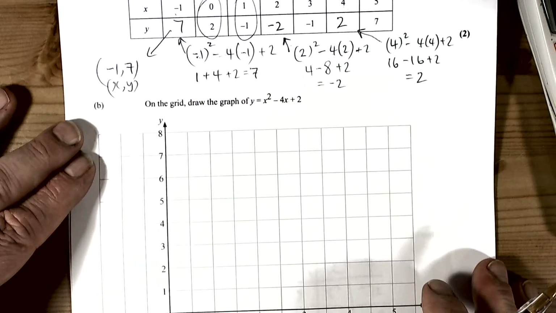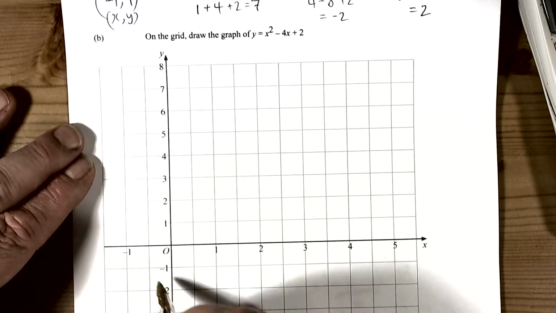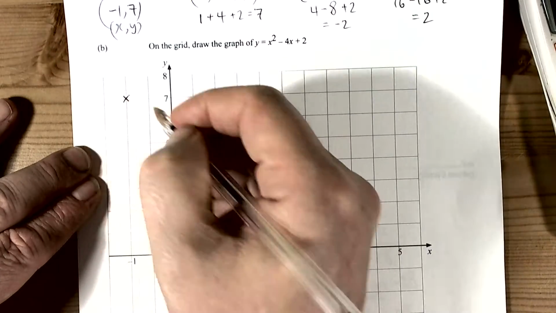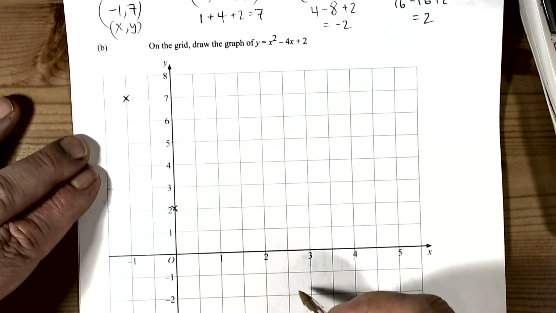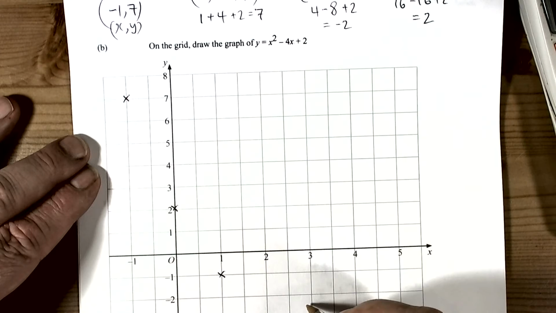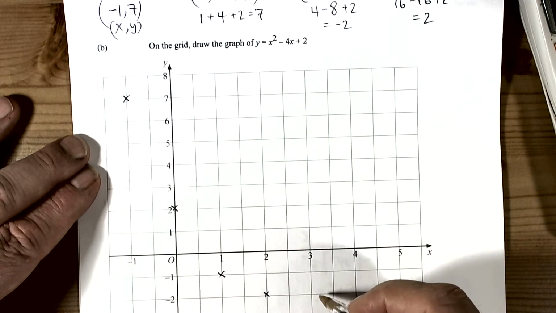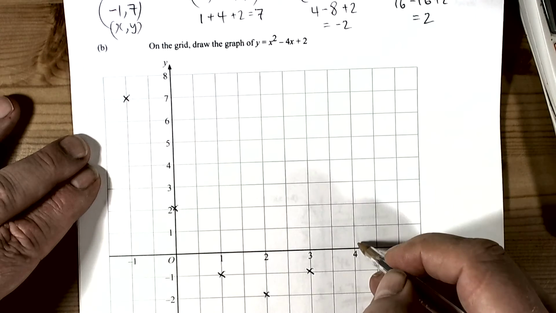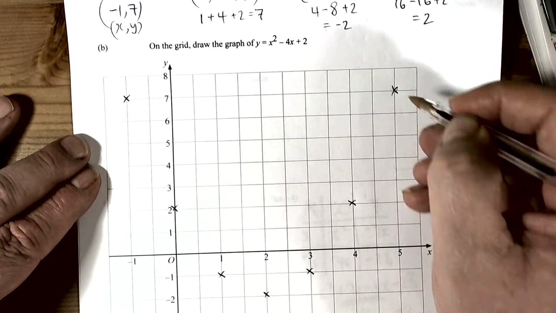So we take our table and plot the values: (-1, 7), (0, 2), (1, -1), (2, -2), (3, -1), (4, 2), and (5, 7).